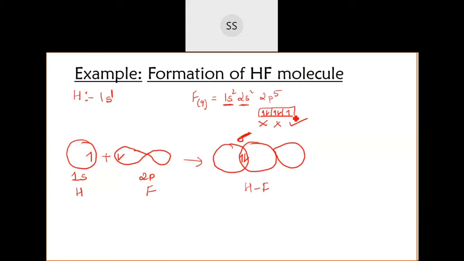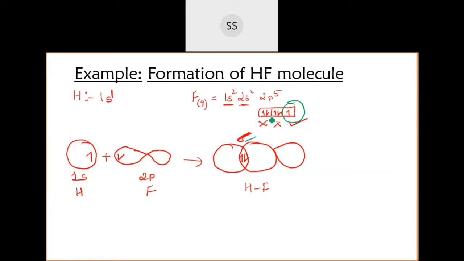This last p orbital has only one electron, so it needs one more electron. That is why it combines with the hydrogen atom, which leads to formation of this sigma bond.